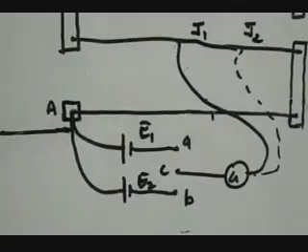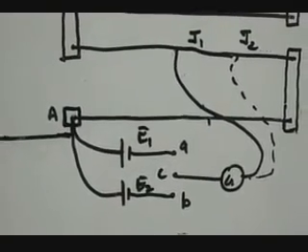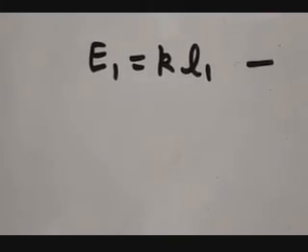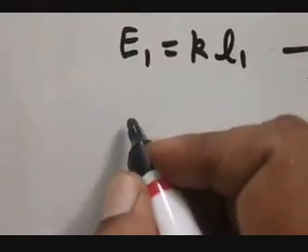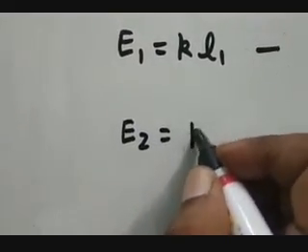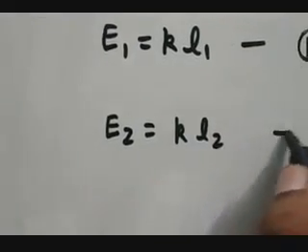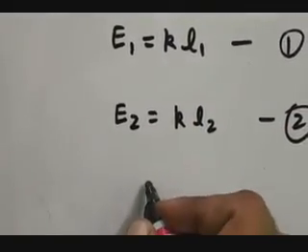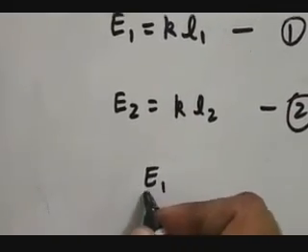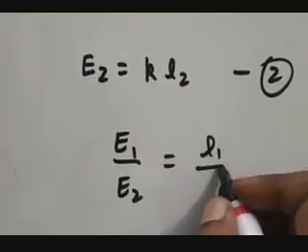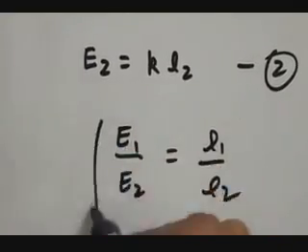So in that case, E2 will be equal to the potential drop between A and J2. So we can write E2 is equal to KL2. So from these two equations we can find E1 upon E2 is equal to L1 upon L2.